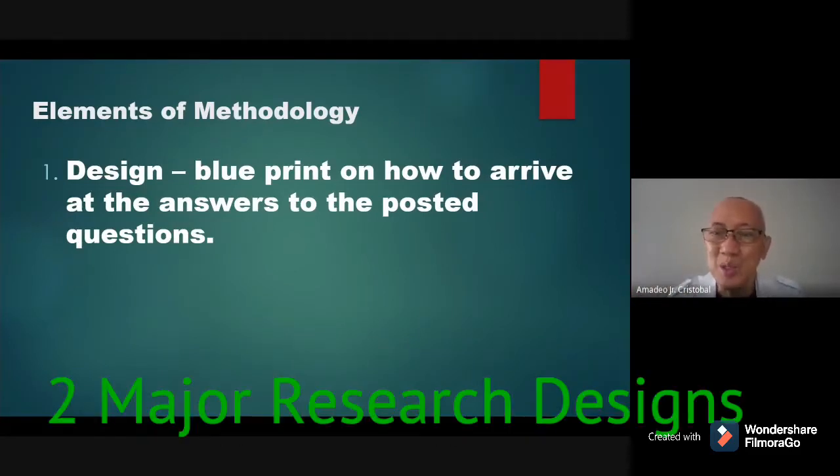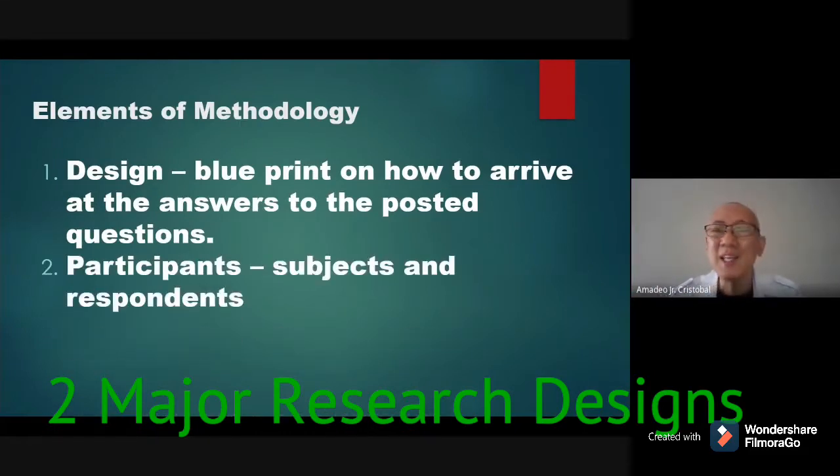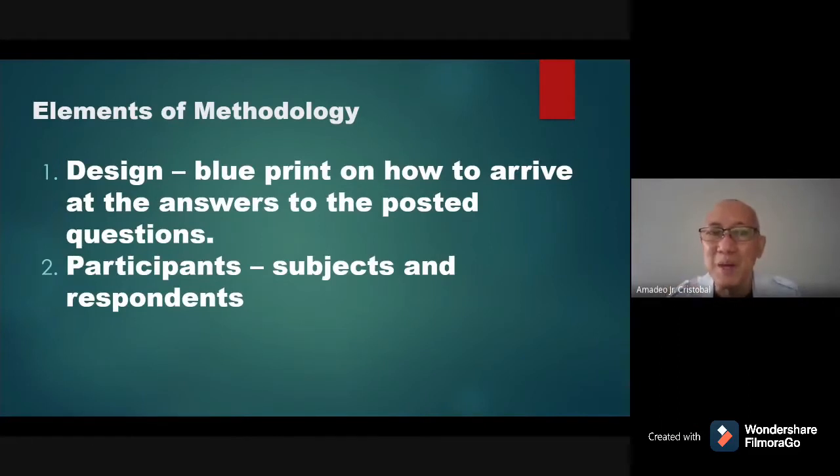There are 2 major designs. But the elements of method also include the participants. The participants, or the subjects or the respondents of your study, must be chosen. Who will be your subjects? For example, Mr. Balyon said that he will be looking into the effectiveness of radio broadcasting in the remote area.